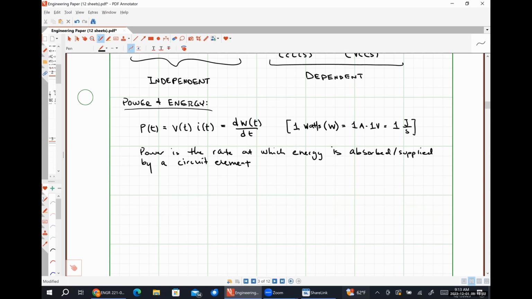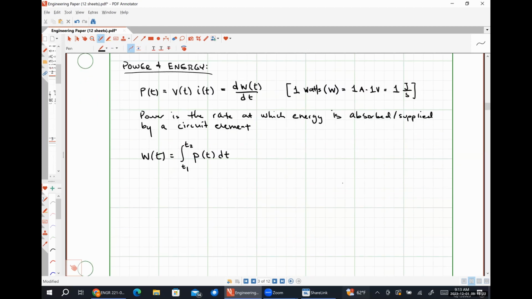And energy is the integral of power, from some point in time T1 to some point in time T2.